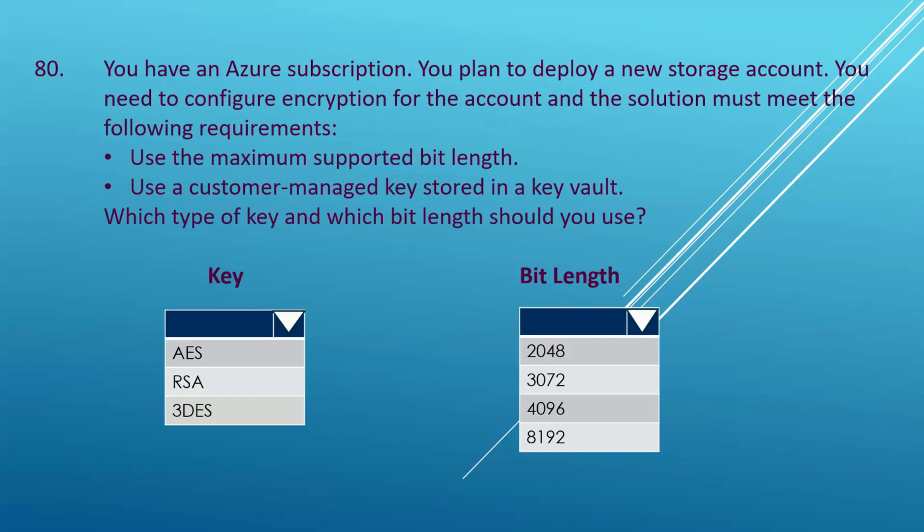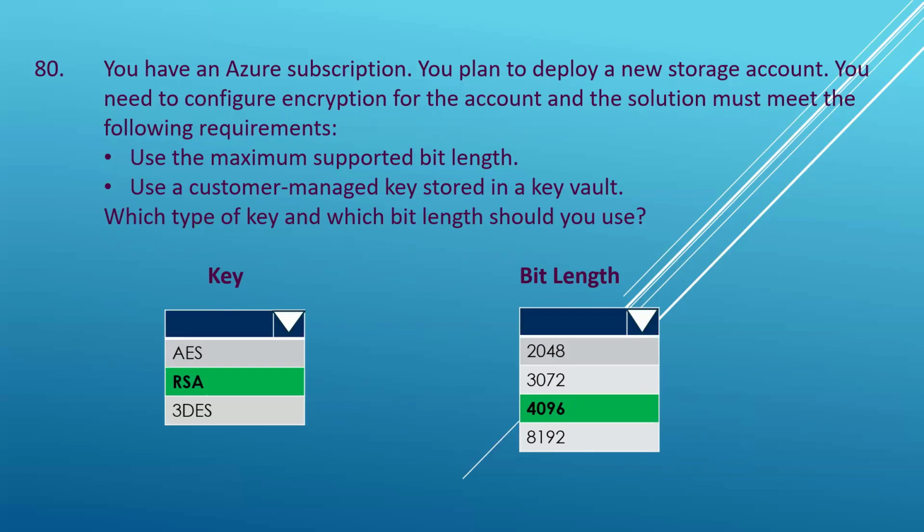Now in the keys you have AES, RSA, and 3DES, and the bit length here is 2048, 3072, 4096, and 8192. Azure Storage Encryption supports RSA and RSA HSM keys of sizes 2048, 3072, and 4096. Based on that, the correct options here are key would be RSA and bit length would be 4096.